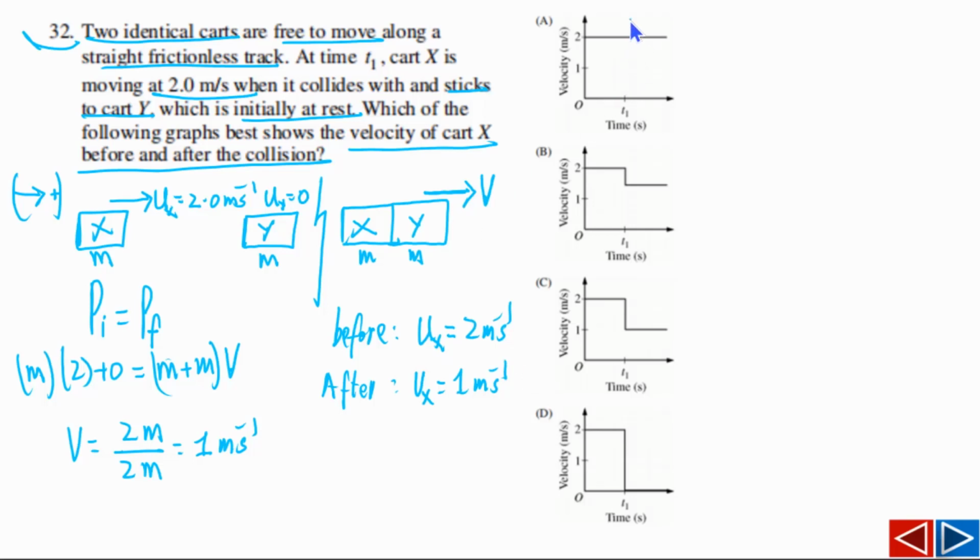So the first one is not possible. This is telling us that the speed is not changing, and this is telling us speed decreases but by less than 1. So this option is also incorrect.